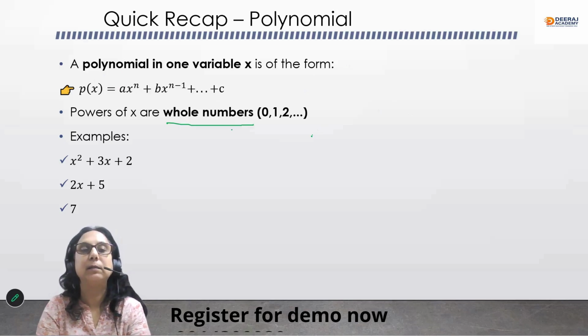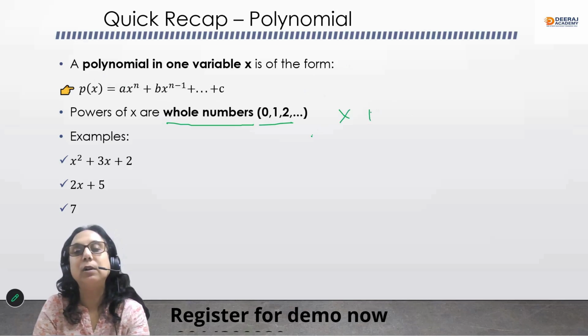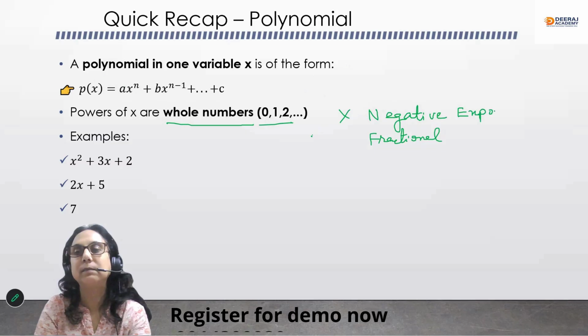So the polynomial should always have powers as whole numbers. It should not contain a negative exponent or a fractional exponent or power. Power or exponent, both are the same thing.